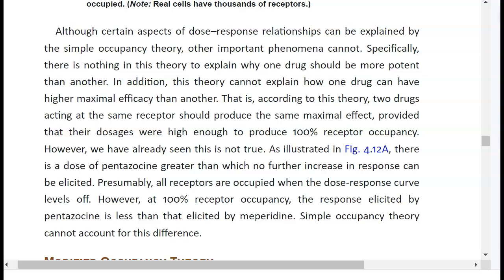The trouble is that this theory cannot explain how one drug can have higher maximal efficacy than others.